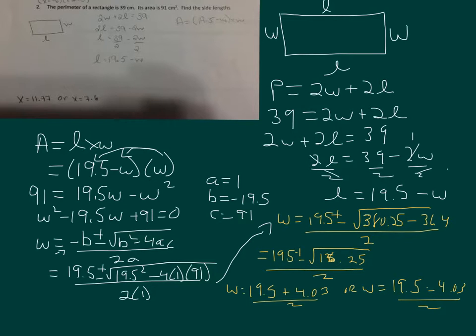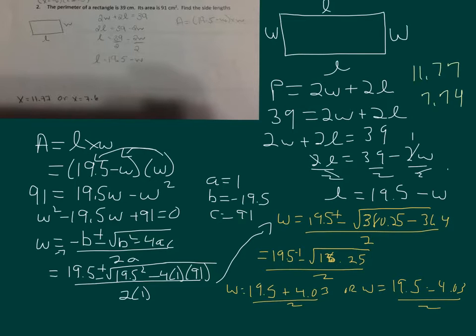And so when you work those out, the two roots that you should get are 11.77 for the first one, and the second one, 7.74.